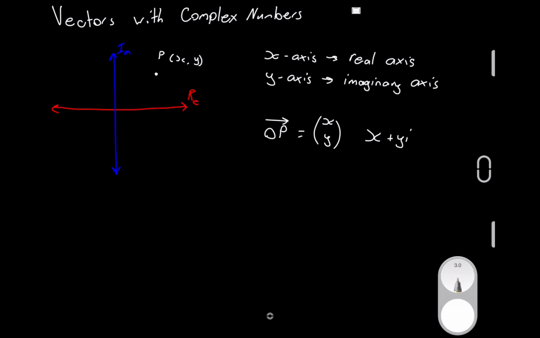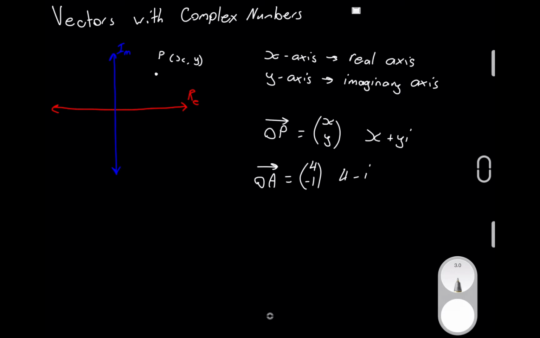For example, let's go OA being equal to 4 minus i. Now, if I was to write this out as x plus yi, this would be 4 take i.